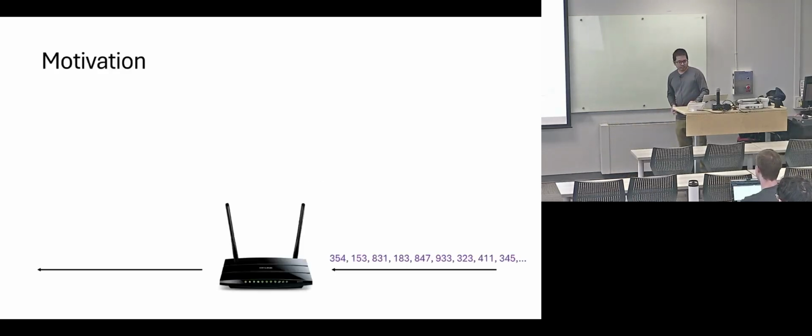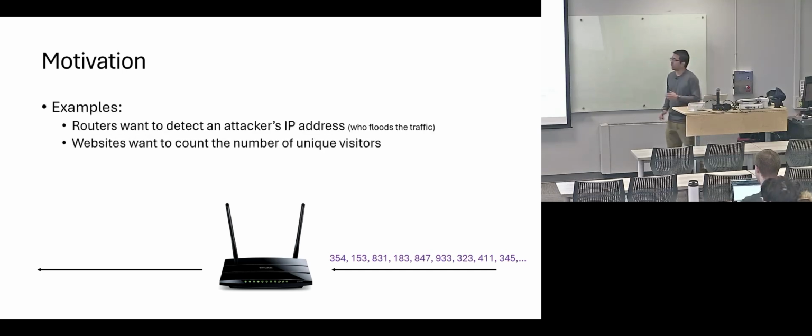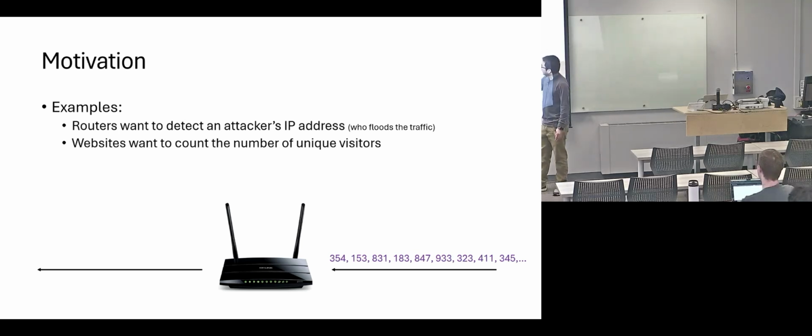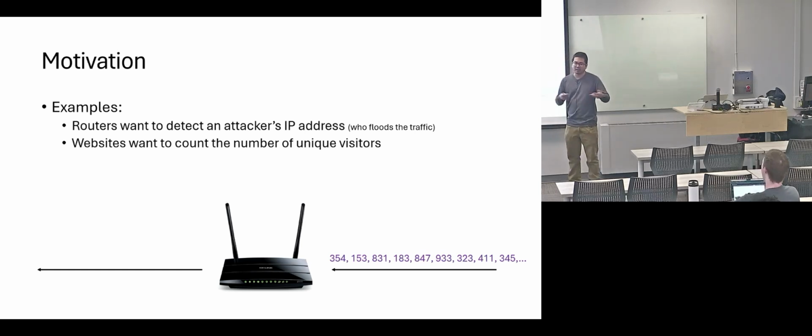So the motivation is like this router example scenario: a router needs to process so many IP addresses. If there is an attacker that floods the traffic, maybe you want the router to detect that. Or you can think you have a website with many visitors, and you want to count the unique visitors.